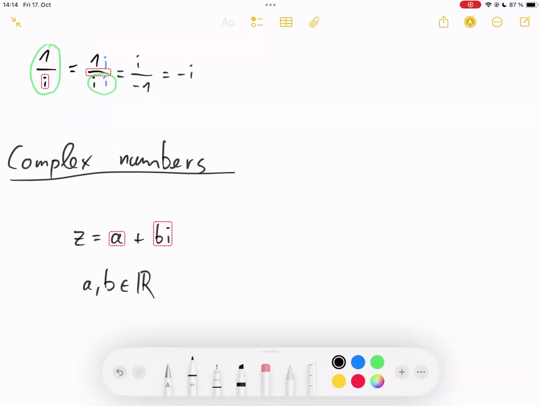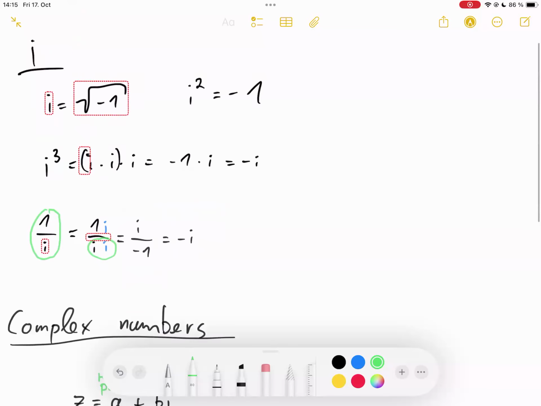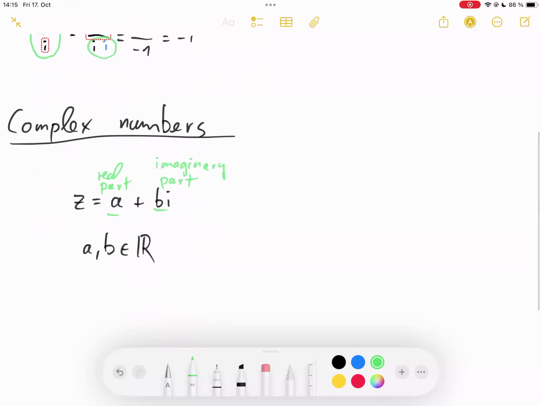And what we sometimes say is that a is the real part of z, and b is sometimes called the imaginary part. So our number z has two components, a and b, but b is multiplied by i, the imaginary number we have just started to look into.